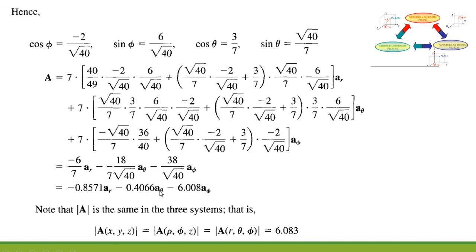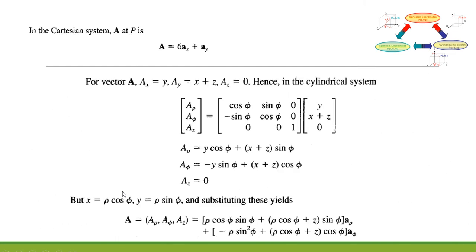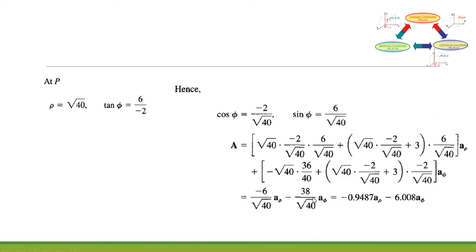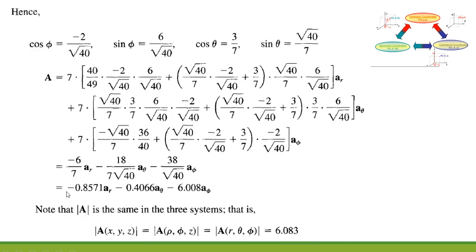In this equation you can see for the Cartesian system you get A as 6ax plus ay. For the cylindrical system you get minus 0.9487 a rho minus 6.008 a pi. For the spherical system you get this equation as minus 0.857, minus 0.4066, minus 6.008.